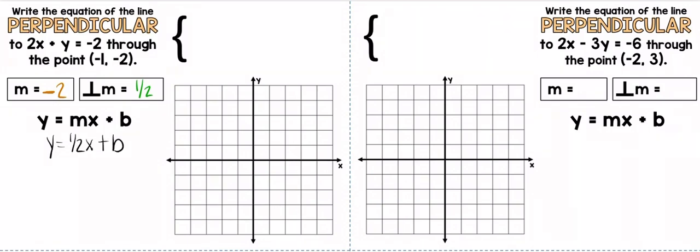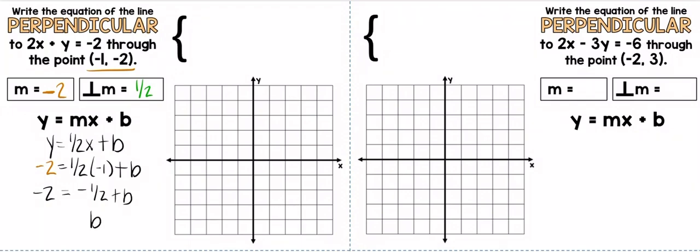So now I'm going to take my ordered pair and plug it in. So negative 2 equals 1/2 times negative 1 plus b. So now it's negative 2 equals negative 1/2 plus b.